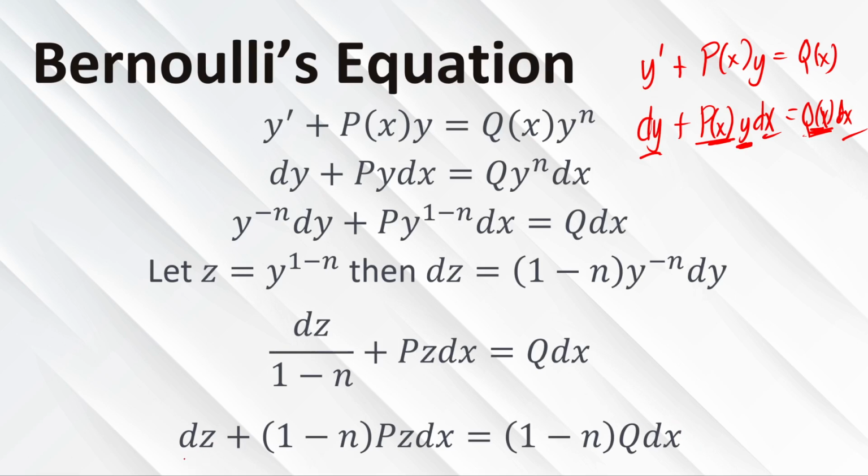Meron tayong dz, meron tayong dalawang dx, meron tayong z dito na ang katabi niya is function ni x or yung p function ni x, and then yung katabi naman ng dx dun sa kabila is a function din ni x, which is q. Remember, n dito is a constant number lang. So, sa madaling sabi, yung Bernoulli's equation natin will end up being a first-order linear differential equation if we let this substitution, if we let z equals y raised to 1 minus n.